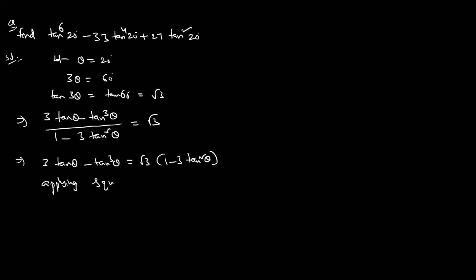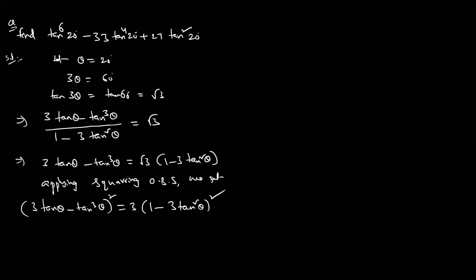Applying squaring on both sides, we get, see carefully, I'm writing step by step: 3 tan theta minus tan cube theta whole square equals 3 into 1 minus 3 tan square theta whole square. Can you guess what the answer is coming? Tan power 6 theta plus 9 tan square theta minus 6 tan power 4 theta, and 27 tan power 4 theta is coming.